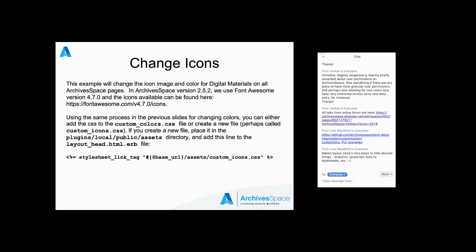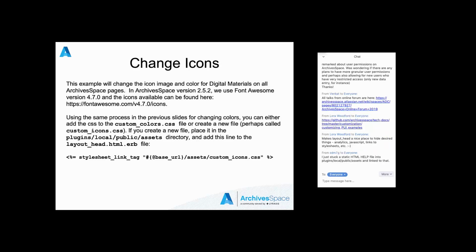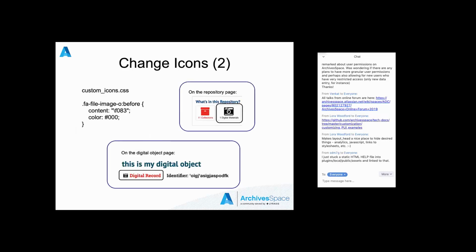If you create a new file, place it in the plugin's local public assets directory and add this line to the layout_head.html.erb file that we've already placed in there for the custom colors. It looks an awful lot like the thing we did for the custom colors because it's basically the same pattern. But if you put that in there and you restart ArchivesSpace, it'll change your icons.